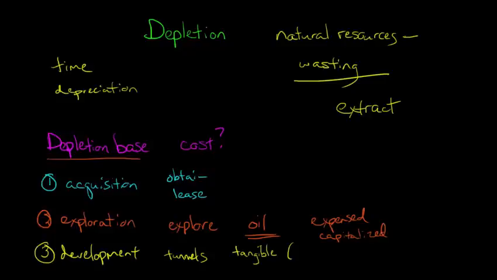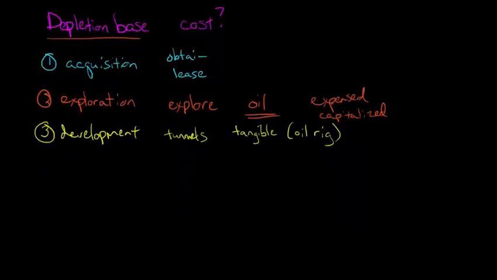And for example, the example I just gave, an oil rig drilling platform, that's a tangible asset, right? You can touch an oil rig. But you could also have intangible, right? I mean, like for example, this tunnel to get some coal. Now, technically, I guess you could touch a tunnel.